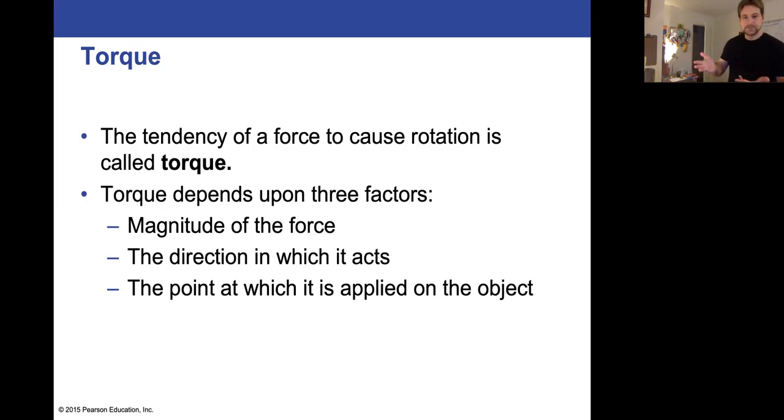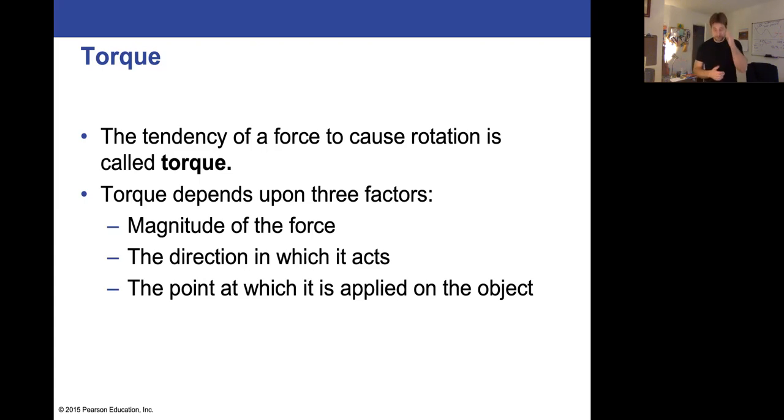We push on the door, we apply a force. The door doesn't move all in one go. It rotates around the hinges. So when we push on the door, we're applying torque. Well, we're applying a force, but then that force creates or sort of exerts a torque on the door to cause it to rotate. Push harder, it'll close faster.